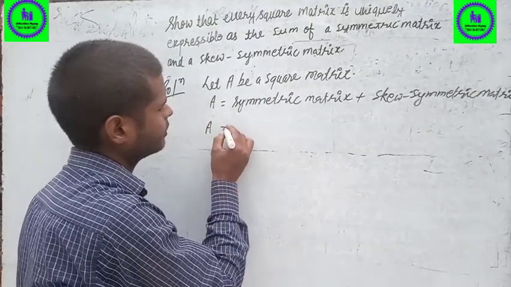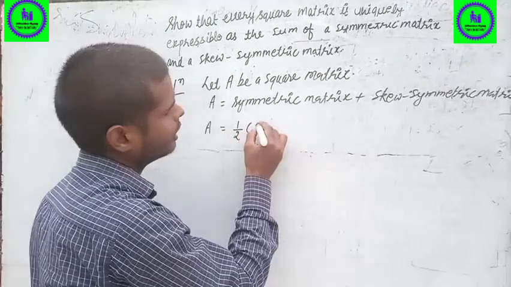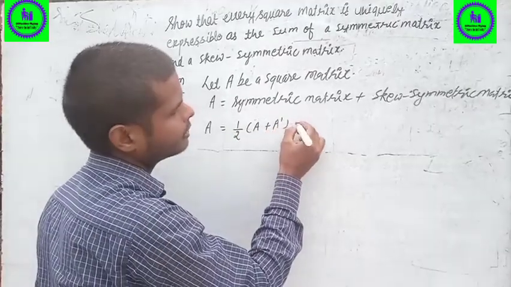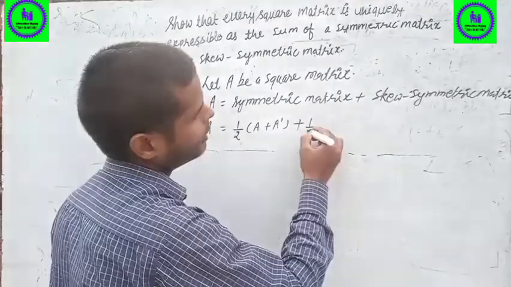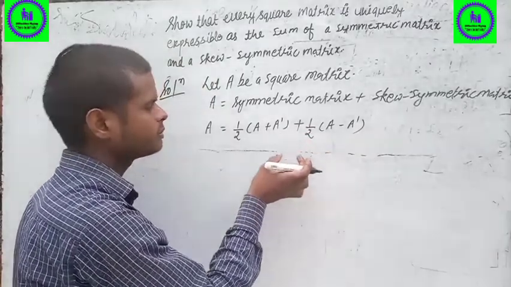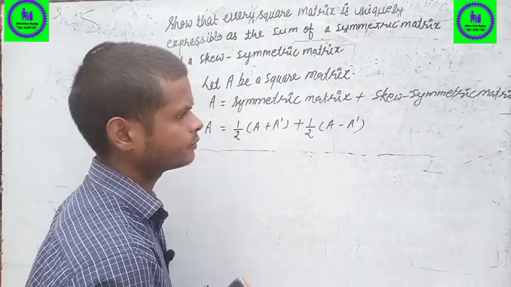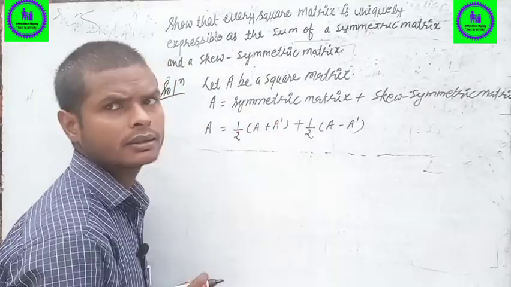We write this value as 1 by 2 (A plus A dash) plus 1 by 2 (A minus A dash). When we open this value, we get A. Here A dash is the transpose of A.